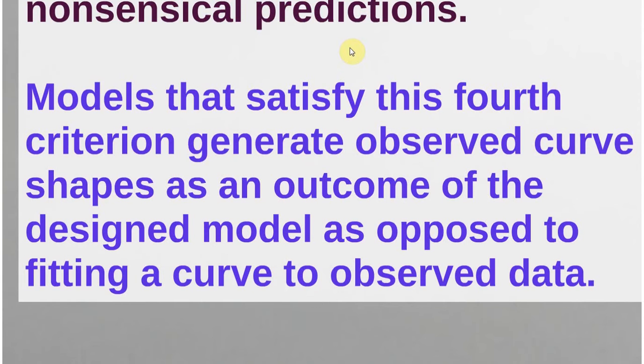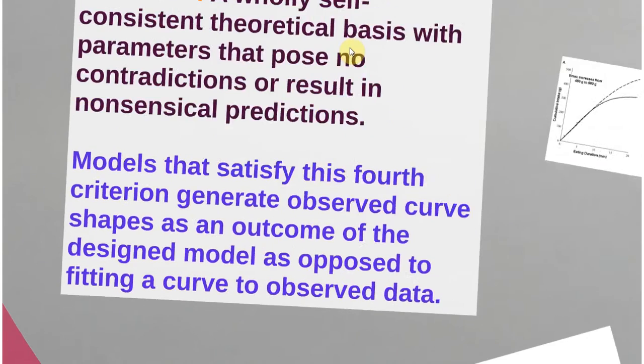The general shape of the curve as an outcome, not a priori knowing the shape and then fitting it to data, which is curve fitting. That's where curve fitting and model criterion number 4 differ. McCleary in his 1977 paper said, to that date, they had not achieved criterion 4. What we're going to do is we're going to develop a model that also satisfies criterion 4.